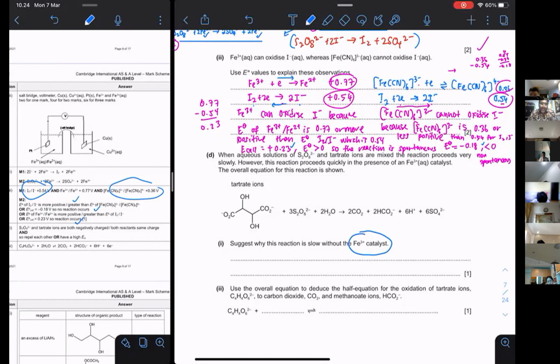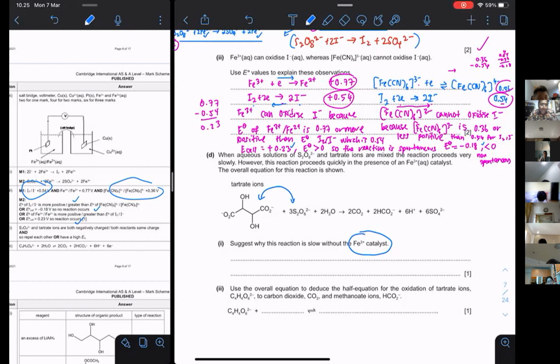The reason is, when you react between these two, you can see both of them are going to be negatively charged. So if you are bringing something that is negatively charged, they are going to generally repel. So if you have a catalyst which is positively charged, at least the activation energy is going to be reduced significantly.